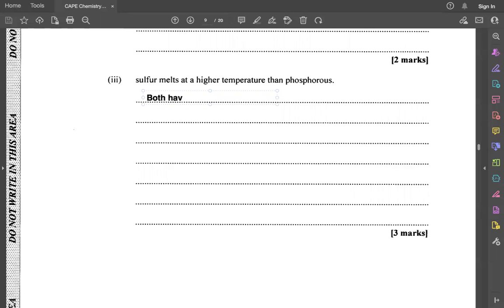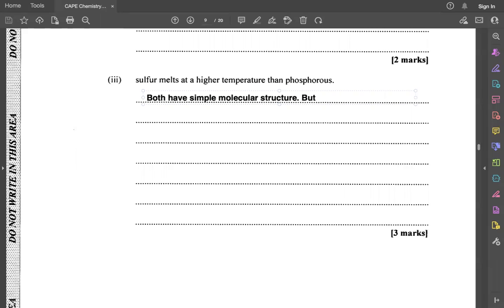So both the sulfur and the phosphorus have simple molecular structure, right? Simple molecular structure.